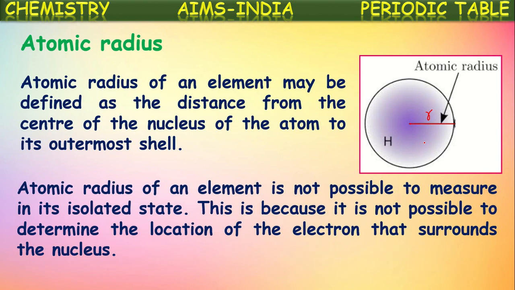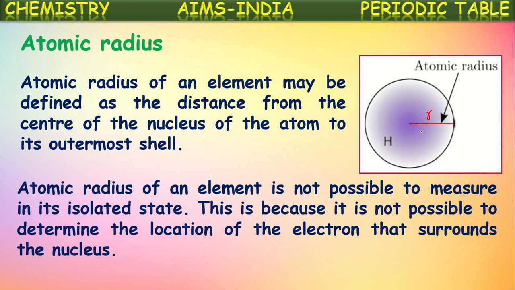The atomic radius of an element is not possible to measure in its isolated state. We are telling, just as a definition, the distance between the nucleus and the outermost orbit of an atom as atomic radius. But in fact, it is not possible to measure in its isolated state, because it is not possible to determine the location of an electron that surrounds the nucleus. Yes, we cannot locate the exact position of the electron in its orbit.